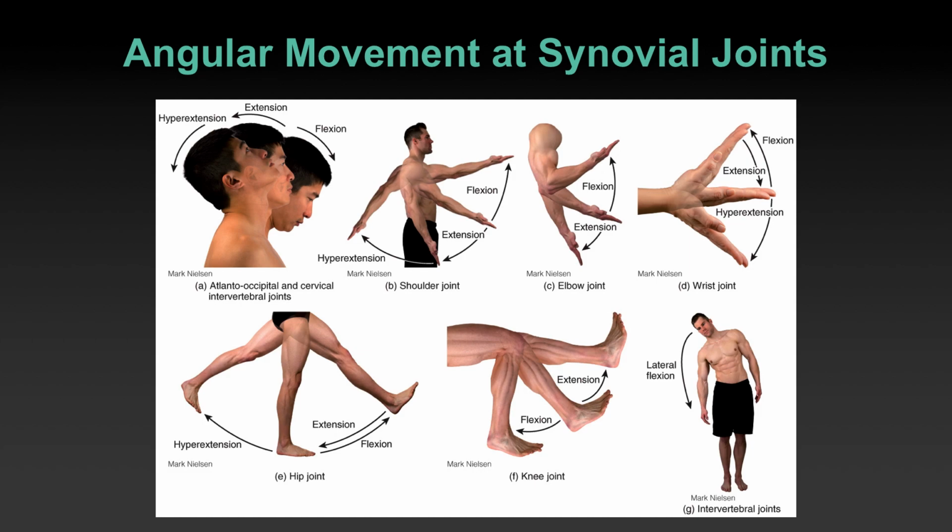So you can't hyperextend the knee. You shouldn't be able to hyperextend the knee beyond the anatomical position. You can hyperextend the shoulder beyond the anatomical position, right? Flexion, decreasing of the shoulder joint angle, extension, hyperextension.